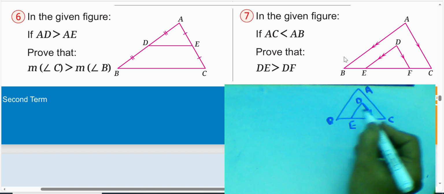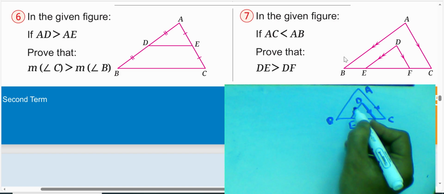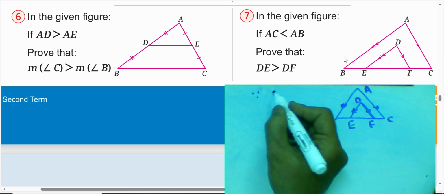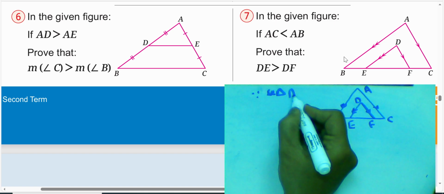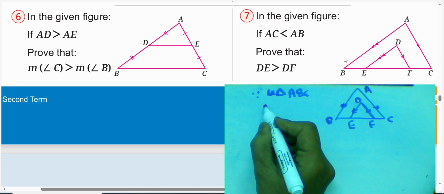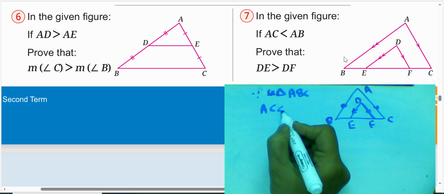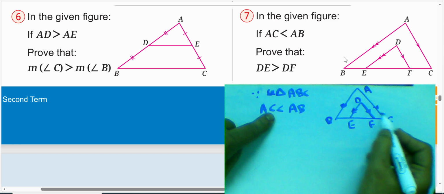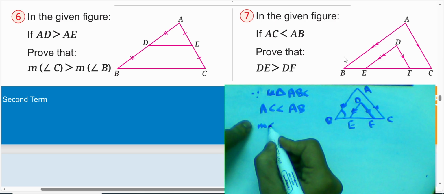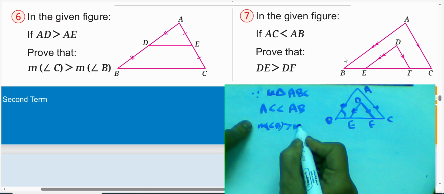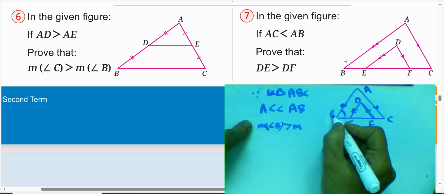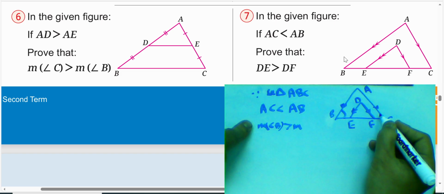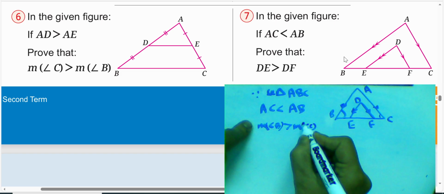They are parallel here, and this parallel this, such that in triangle ABC we have AC less than AB. Then the opposite angle of AC, angle B, is greater than the opposite of side AB, angle C.